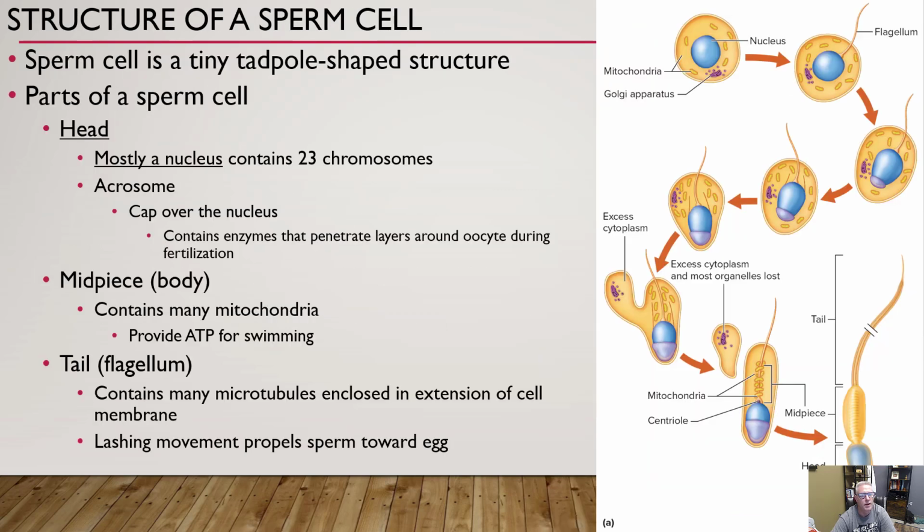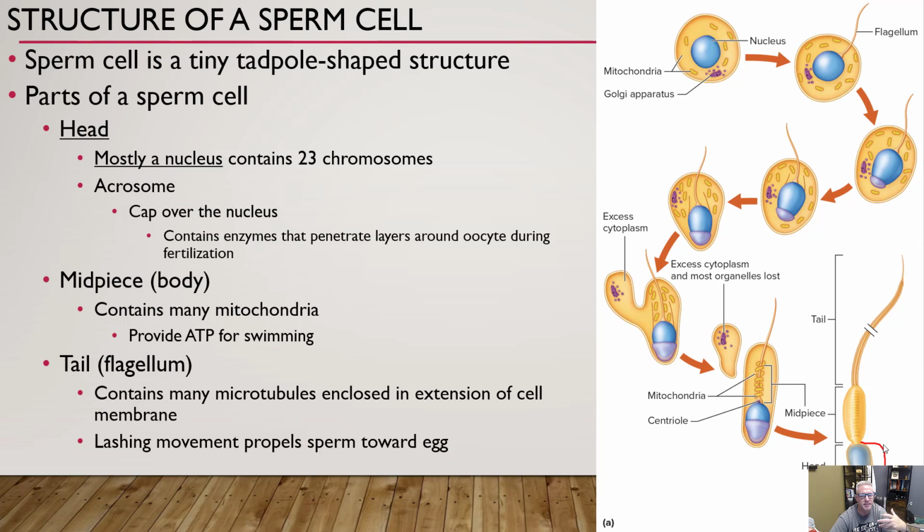And here, for the structure of a sperm cell, it kind of looks like a little tadpole. You can see the head on the sperm. This head is also called an acrosome. It's mostly a nucleus. It does have the 23 chromosomes, and that head or the acrosome is just like a cap over the nucleus.